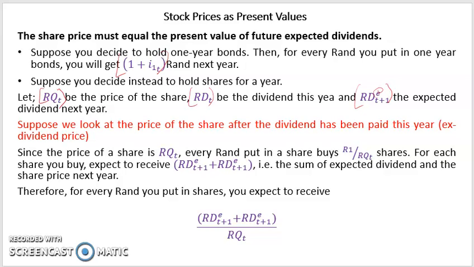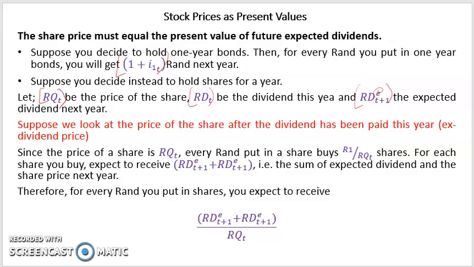Suppose we look at the price of the share after the dividend has been paid this year. This price is known as the ex-dividend price, so the first dividend to be paid after the purchase of the share is next year's dividend. This is just a matter of convention.